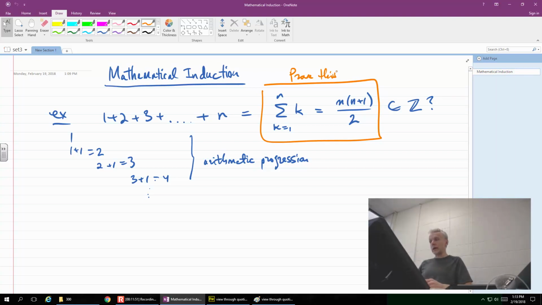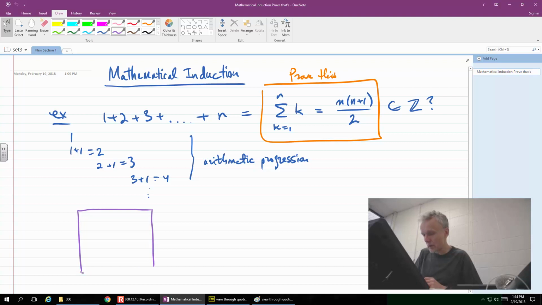Okay, and the idea is, well, let's start with the idea that does not require induction. The idea is fairly simple. It is like this. You draw squares, as many as necessary, just to get the idea.